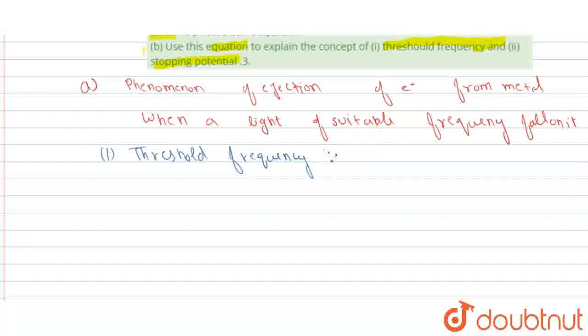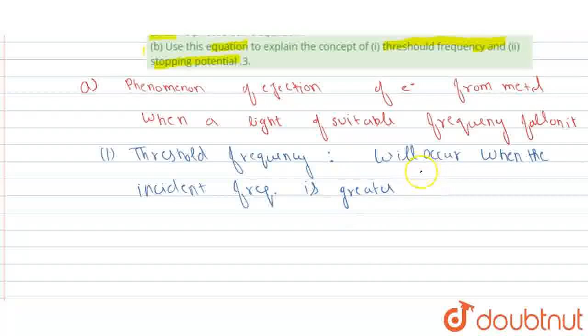We can say that the phenomena of photoelectric effect will occur when the incident frequency is greater than or equal to the threshold frequency for a given metal.